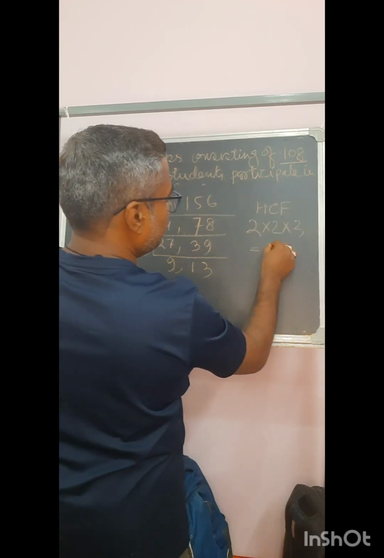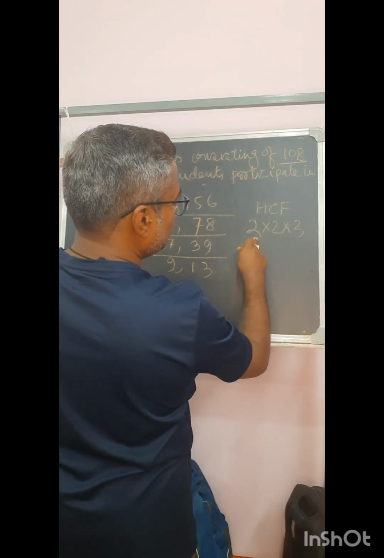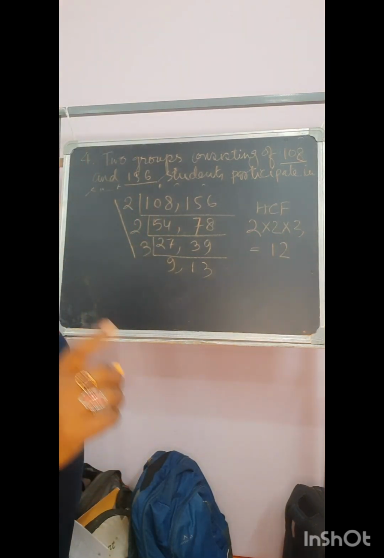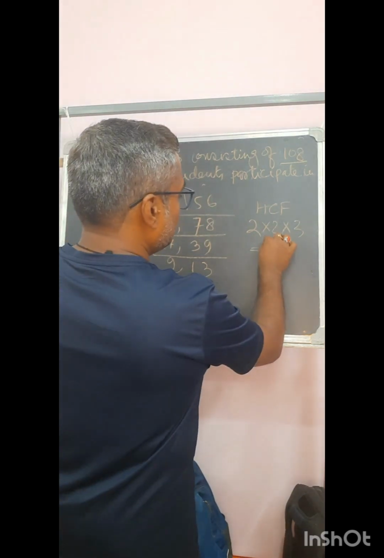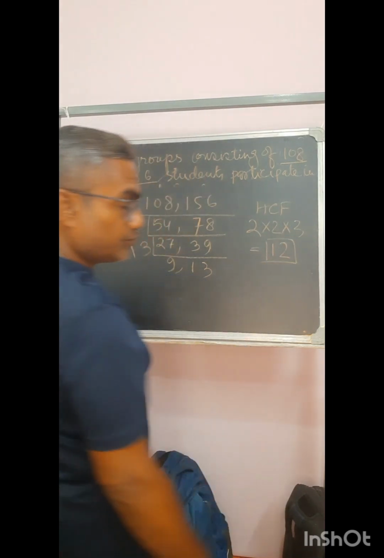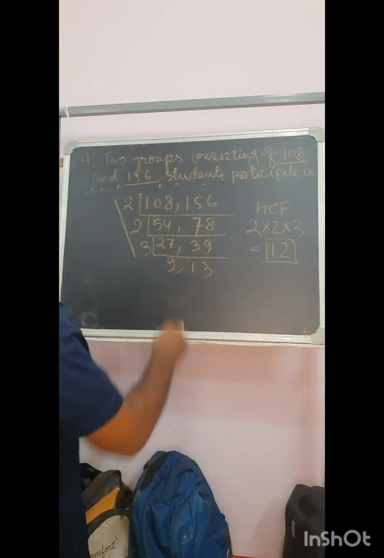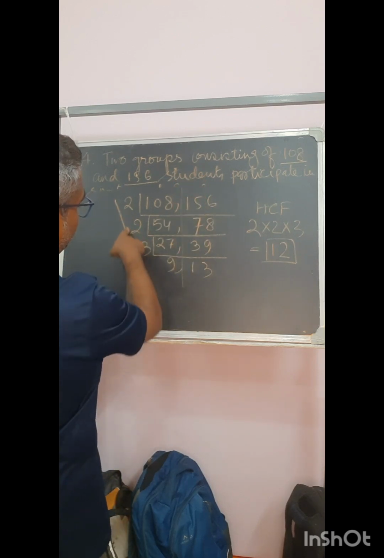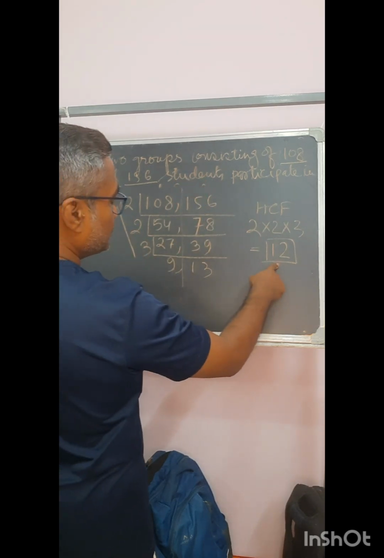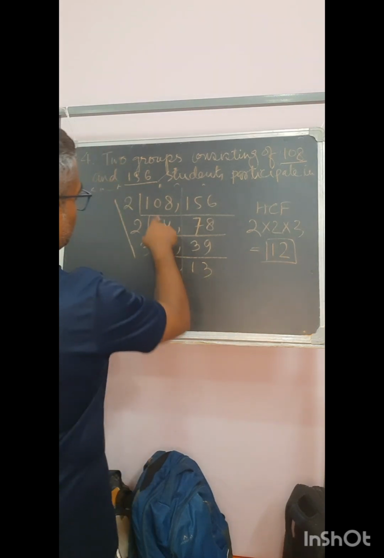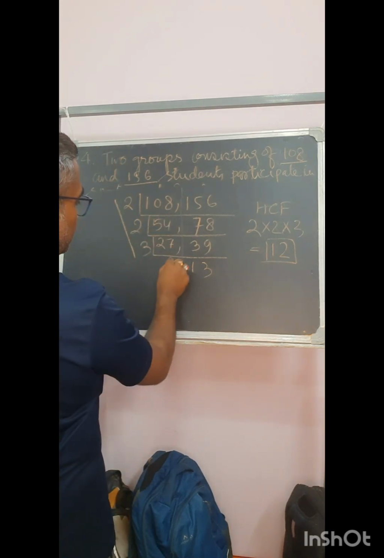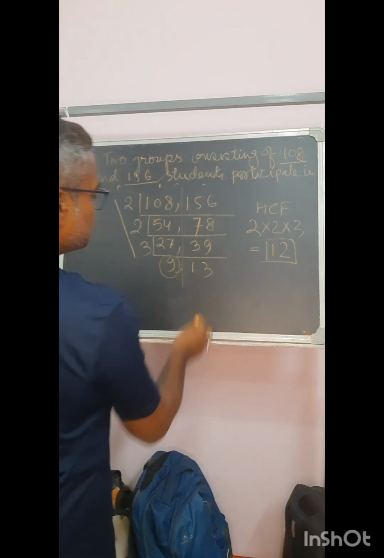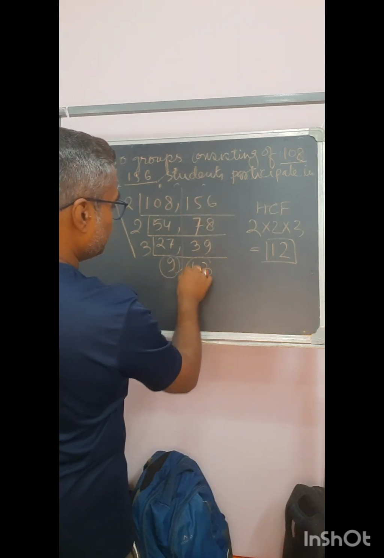So the HCF will become 2 to the 4, 12. So each room should have 12 members. Now, what would be the number of rooms then? If 12 in a room is the highest common factor, to divide 108, I have to have this many rooms, because I cannot mix, and for this I have to have this many rooms.